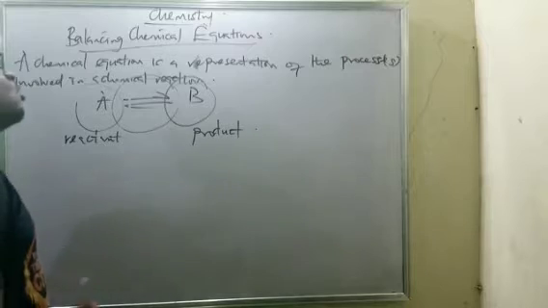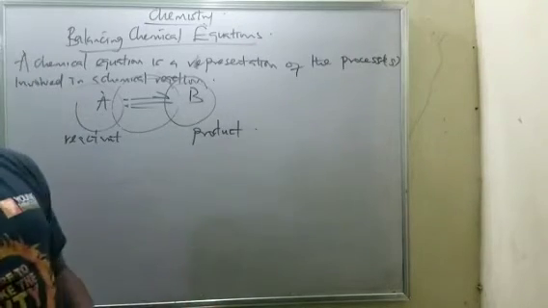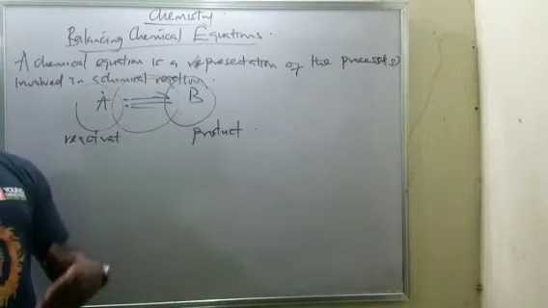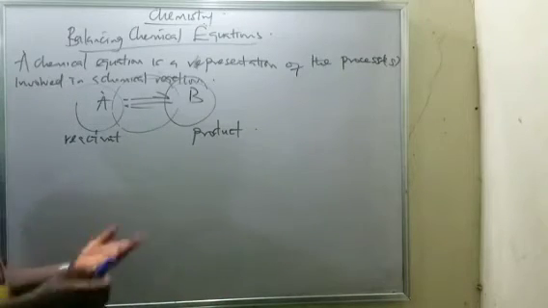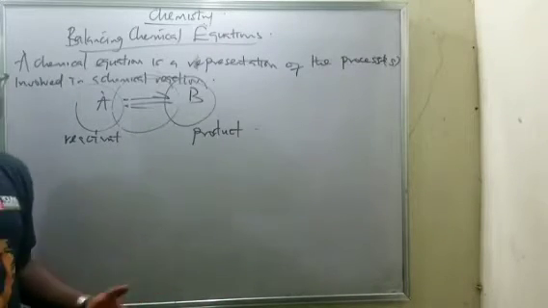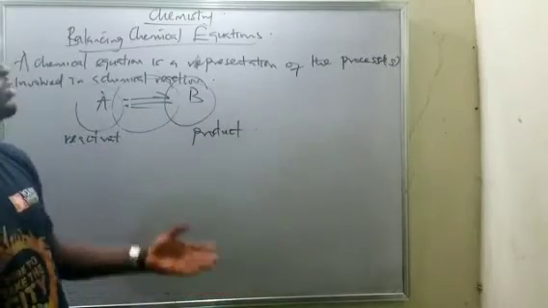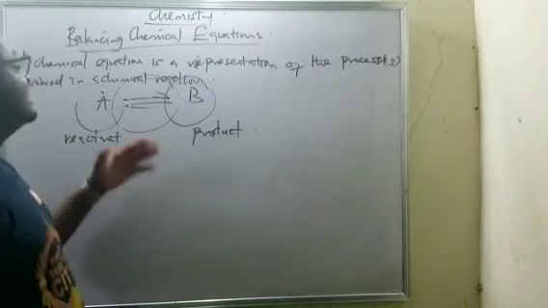Some people think, oh, the product must be more than the reactant. Like for instance, in the decomposition of N2O4 to give about two different products, some people think N2O4 has to be the product. No, it can also be the reactant. Some bigger molecules decompose to give smaller molecules. It doesn't change them from being the reactant.